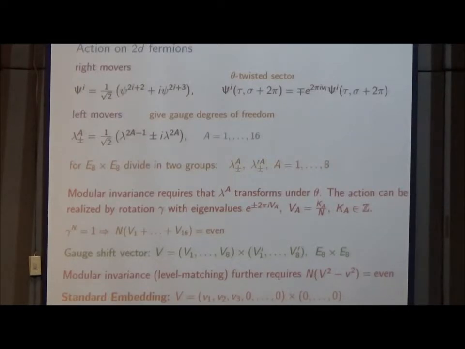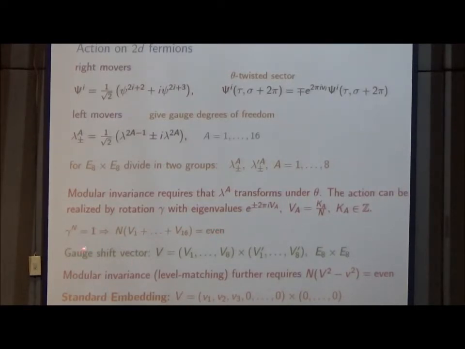Now the point is, again, that by modular invariance, also by studying worldsheet symmetries, there must be an action on these fermions as well. The theta of the orbifold has to act also on the lambdas. Now how? It's natural that we realize it with a rotation, with some eigenvalues that have to be multiples of 1/n, because it has to be order n.